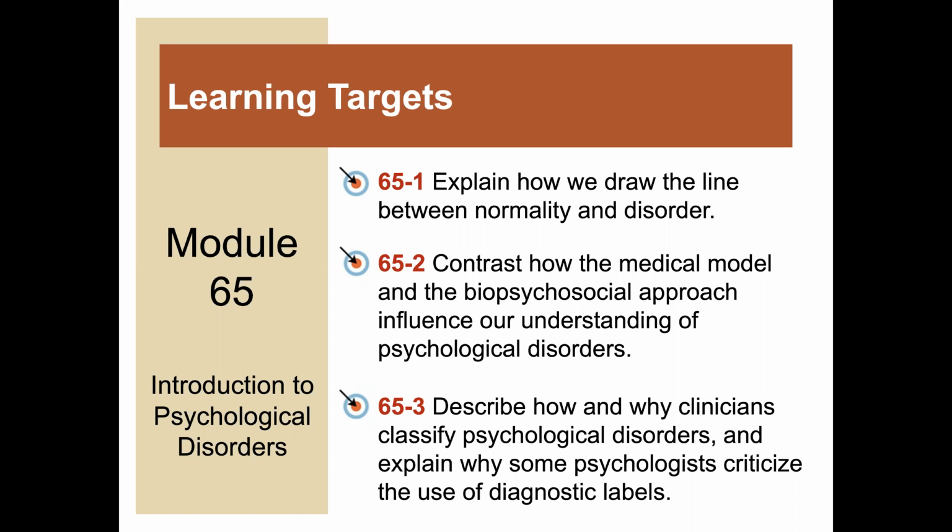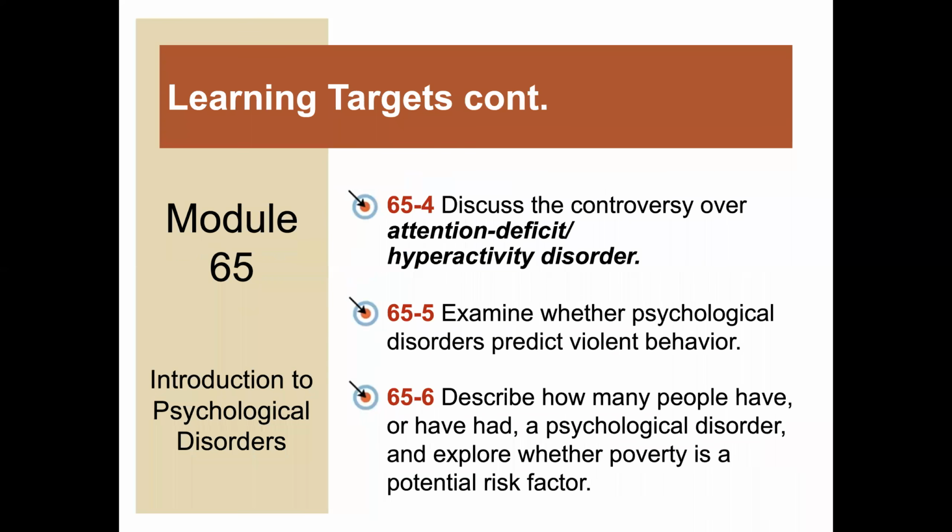Describe how and why clinicians classify psychological disorders and some of the criticisms of the diagnostic labels, of which there are many. Also discuss the controversy over ADHD, Attention Deficit Hyperactivity Disorder, explain whether psychological disorders actually predict violent behavior, and finally describe how many people have or have had a psychological disorder and whether or not poverty is a potential risk factor.